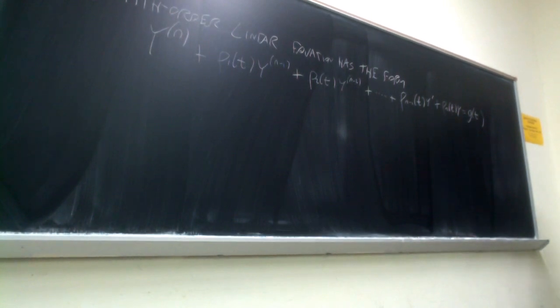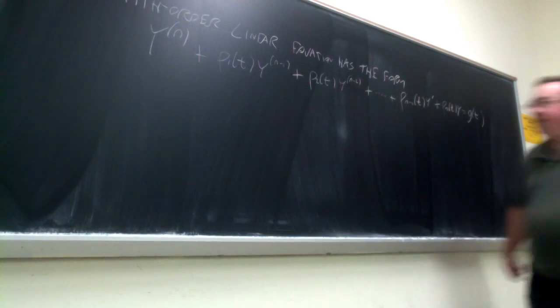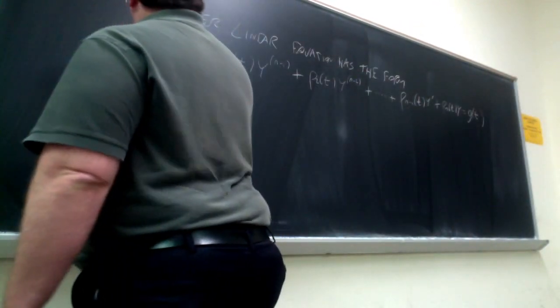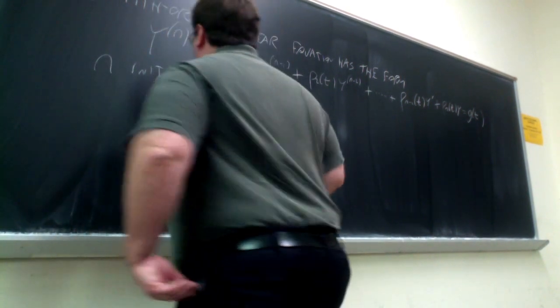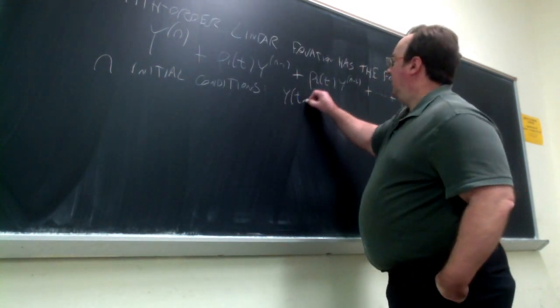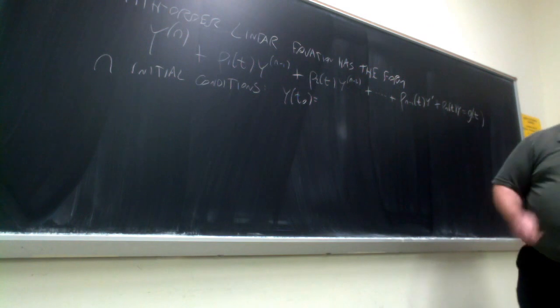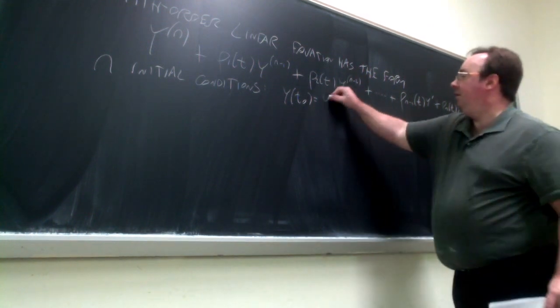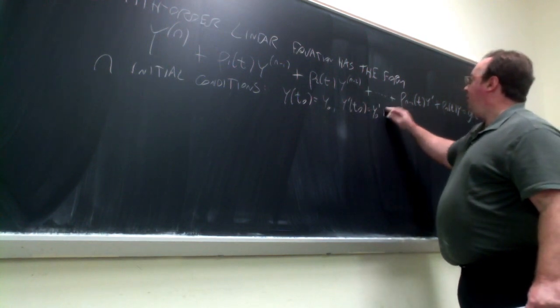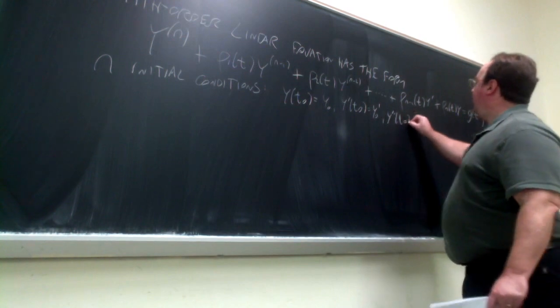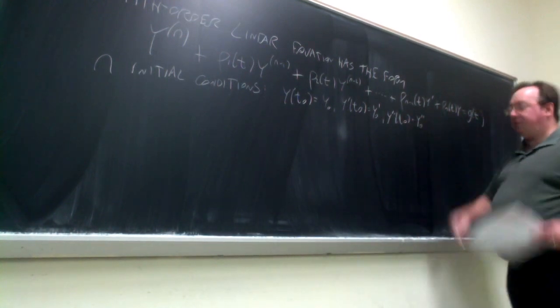Now, for the first order equation, we had a single initial condition. For a second order equation, we had two initial conditions, one on y and one on y prime. So for an nth order equation, it follows we have n initial conditions. So we have y of t naught equals y naught, y prime of t naught is y naught prime, y double prime of t naught is some value y naught double prime, and so on.